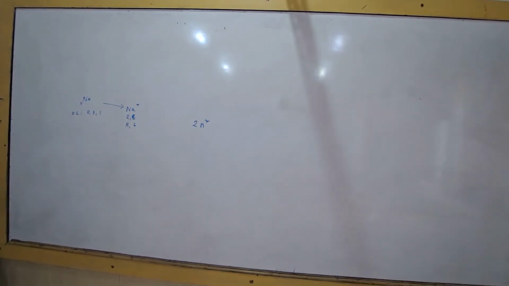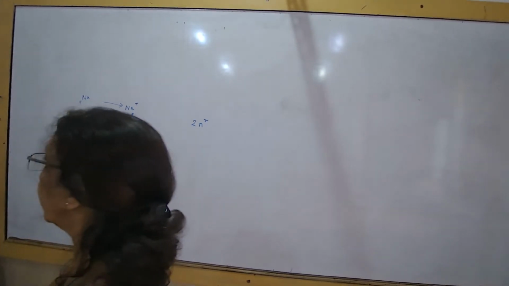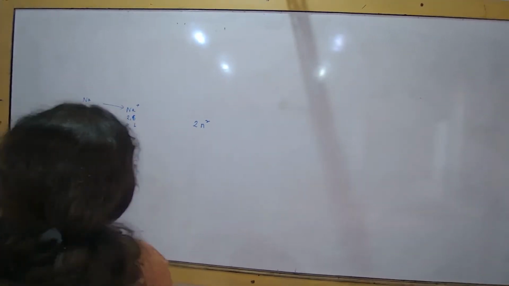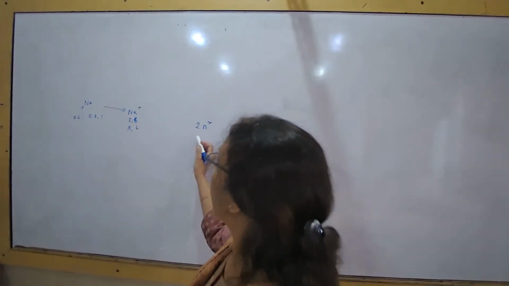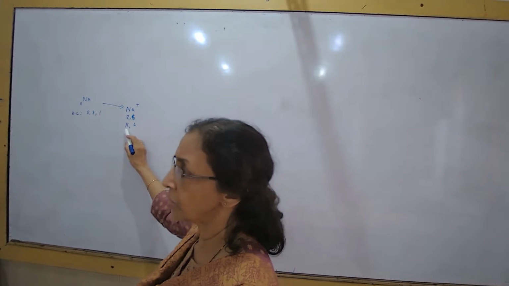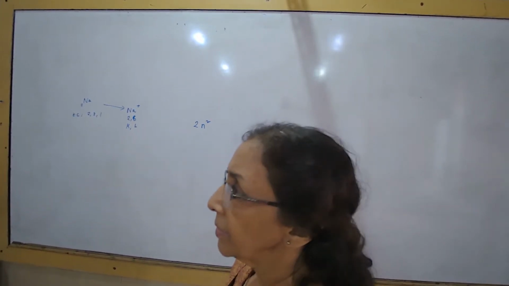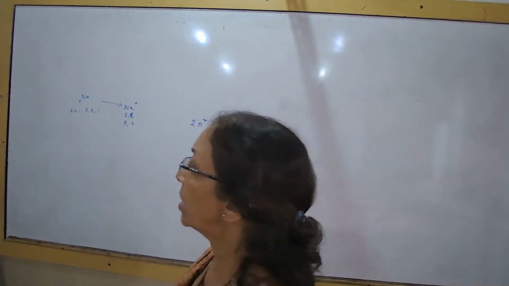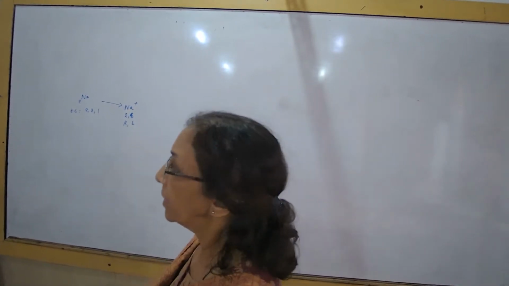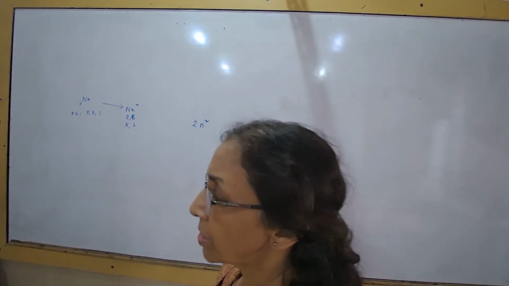Question number 9. Based on the formula 2n square, the first shell can accommodate 2 electrons, and then the second shell has got 8 electrons.